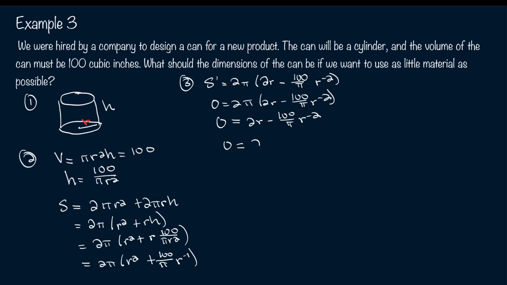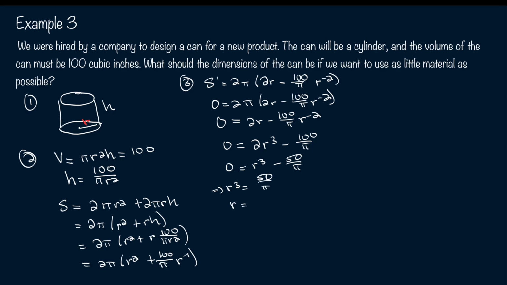We get 2r cubed minus 100 over pi. We divide by 2 to both sides. We get r to the third minus 50 over pi. We just change it up. We get r to the third equals 50 over pi.